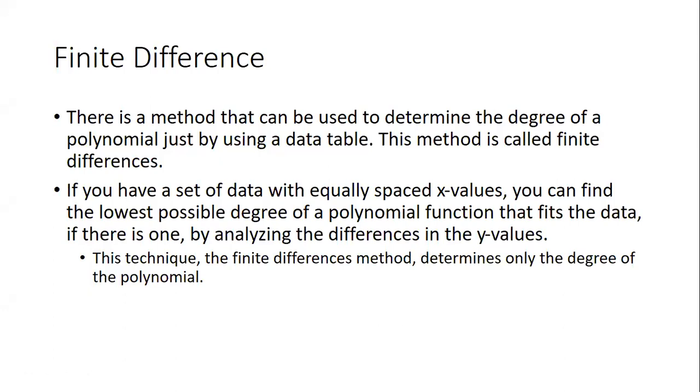Finite difference literally means that all we're doing is subtracting, with them being in numerical order and equally spaced. You're subtracting your y values to see if there is a point where they are the common difference. So, steps to find the finite difference. First, make sure they're in numerical order, listed in sequence.